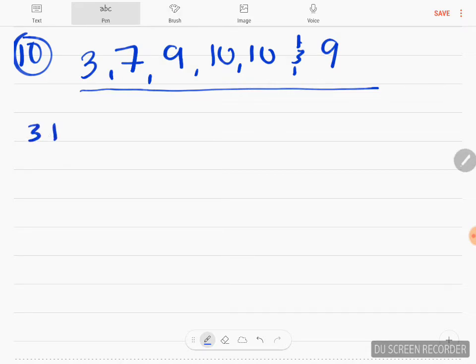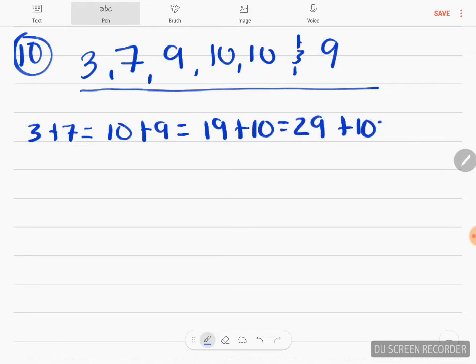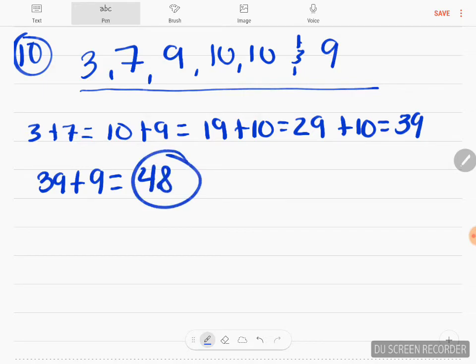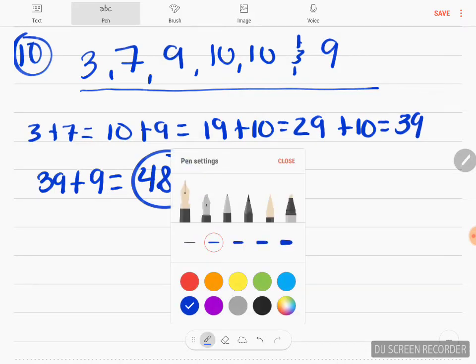So 3 plus 7 equals 10, plus 9 equals 19, plus 10 equals 29, plus 10 equals 39. 39 plus 9 equals 48. So we added all the numbers up, 48. But wait, we are not done. How many numbers do we have?